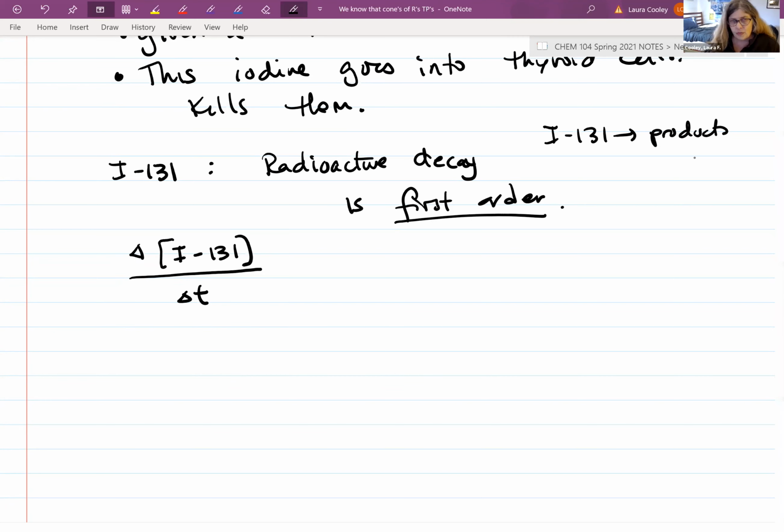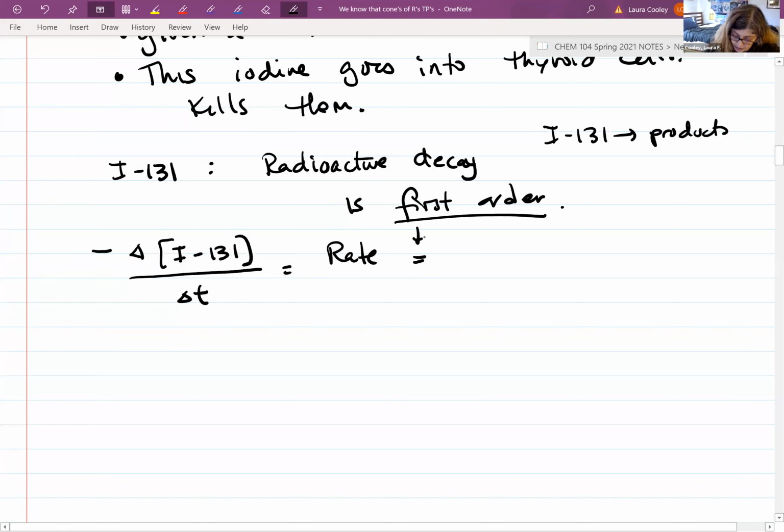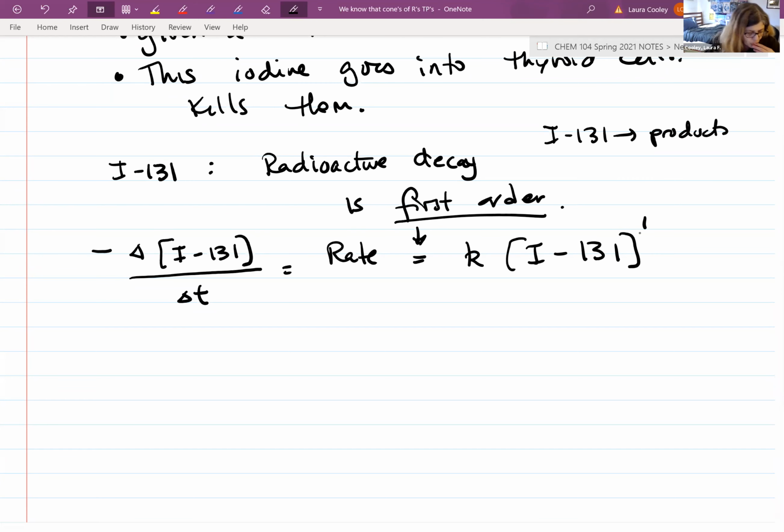When you analyze the rate, it doesn't matter what caused it, it's just going away. So because this is a reactant, I put a negative sign in front, and that's the rate. And I know that the rate is first order. So that means this is k times the concentration of iodine-131 to the 1 power. That's what it means.